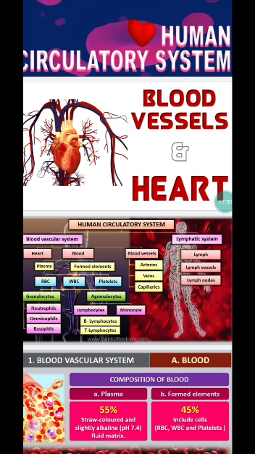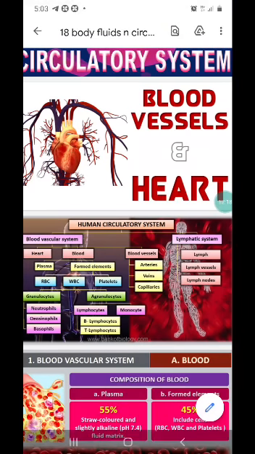There they get matured, and they are called T lymphocytes. So what are the two lymphocytes? B lymphocytes and T lymphocytes. And the main blood vessels are the arteries, veins and the smaller capillaries.